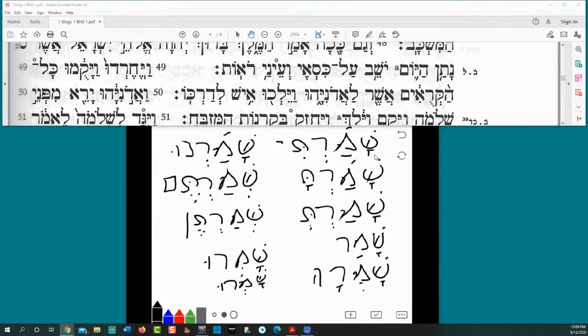So this is the Qal perfect paradigm. Remember, the things that you want to key in on are these endings. There's no ending here. Nu, tem, ten, u. All right, those are the endings you want to key in on, because the perfect puts endings on. So shamarti, shamarta, shamart, shamar, shamara, shamarnu, shamartem, shamarten, shamaru.